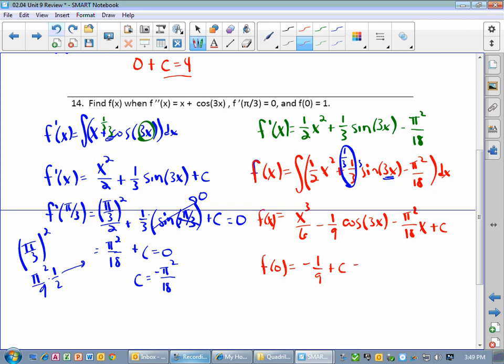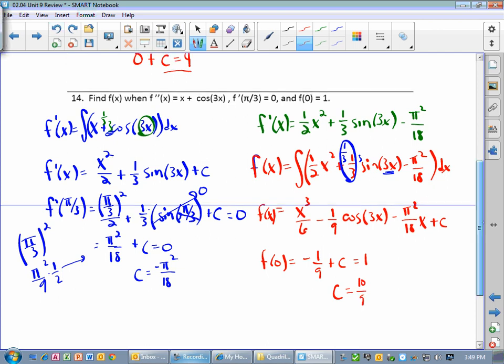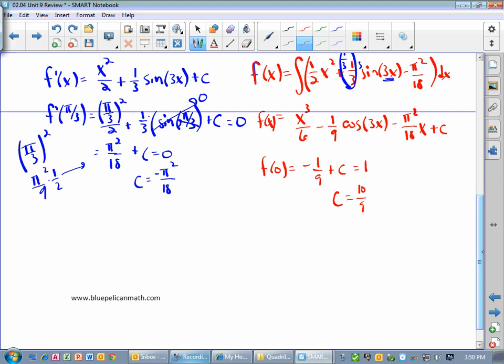So plus c, this needs to equal 1. So by adding 1/9 to both sides, we see that c is 10/9. And so our function, which is our final answer, f of x will be x cubed over 6 minus 1/9 cosine of 3x minus pi squared over 18 x plus 10/9.